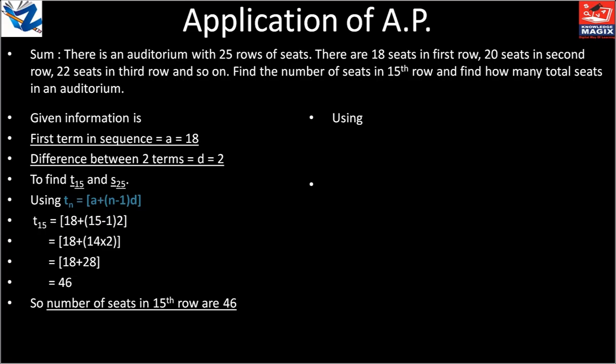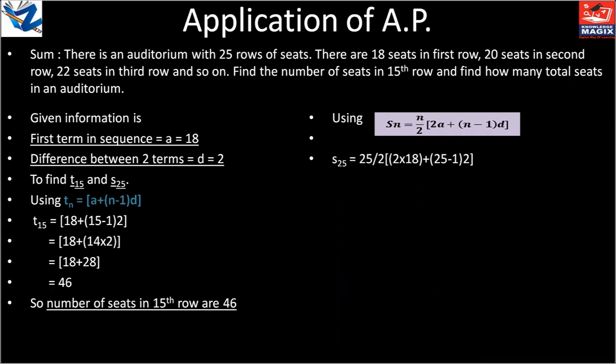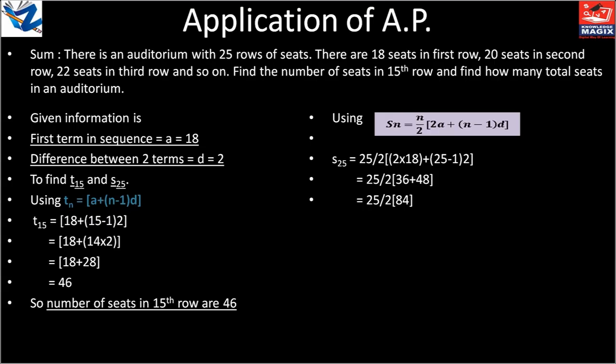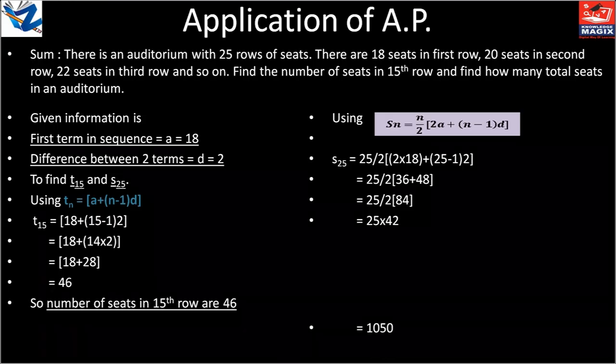Using Sn is equal to n upon 2 into 2a plus n minus 1 into d. S25 is equal to 25 upon 2 into 2 into 18 plus 25 minus 1 into 2 is equal to 25 upon 2 into 36 plus 48 is equal to 25 upon 2 into 84 is equal to 25 into 42 is equal to 1050.